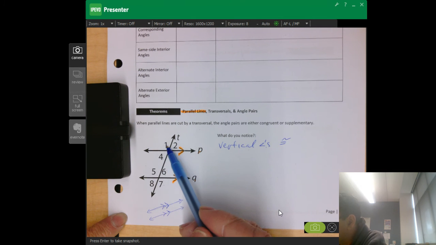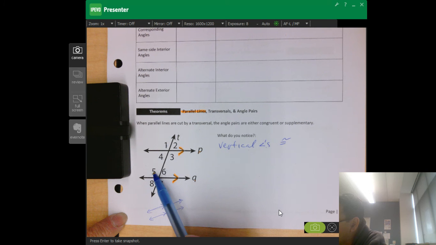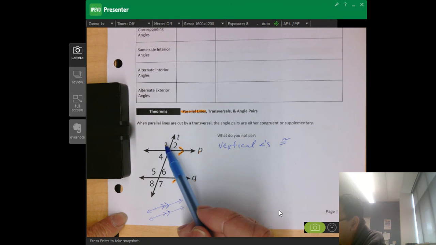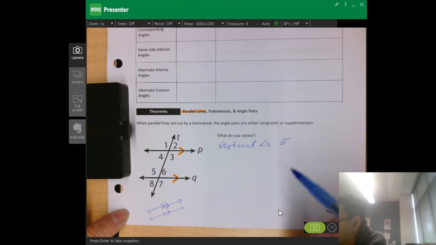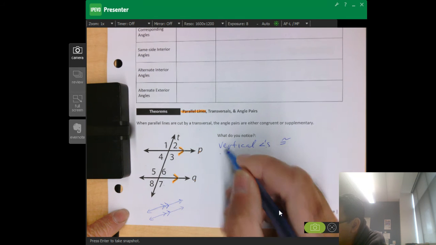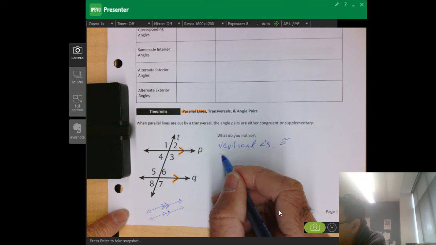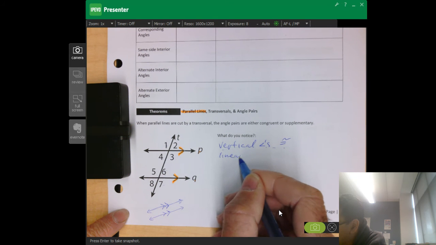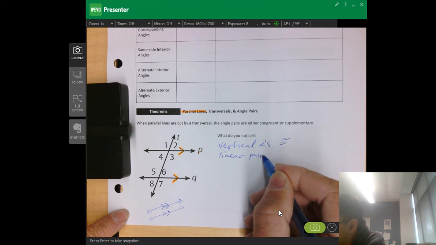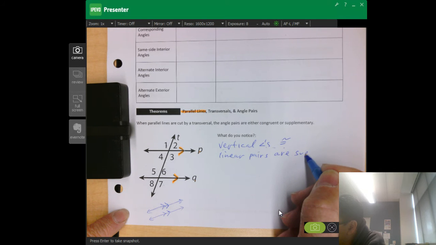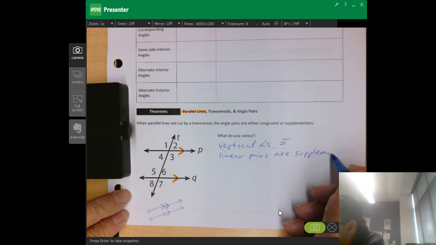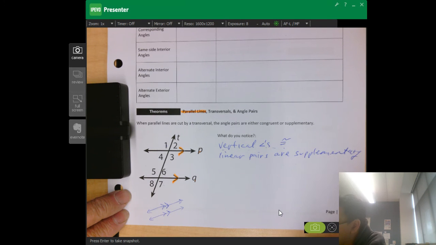But I want you to look at angle 1 and angle 5, or angle 1 and angle 6, and so on. So look at the different angle pairs and see what you think. So we know vertical angles are congruent. We know linear pairs are supplementary.